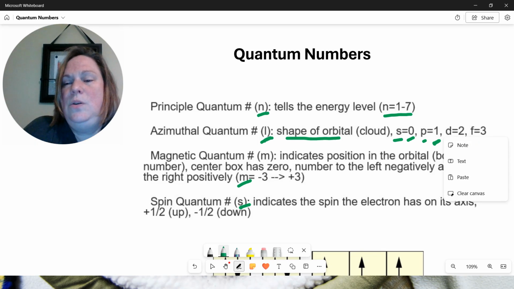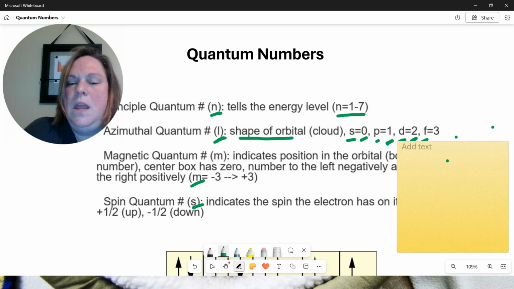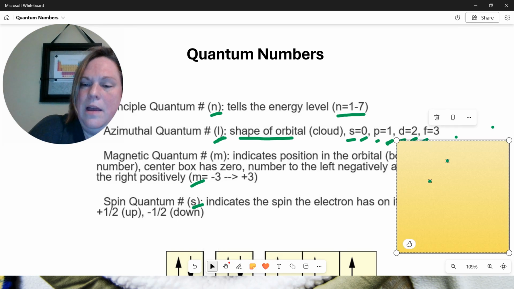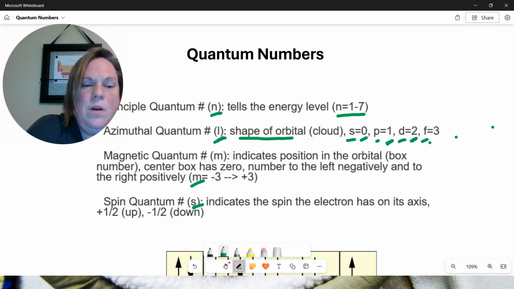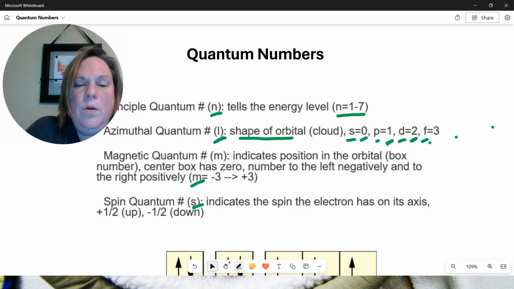D is represented by 2, and F is represented by the number 3, okay?